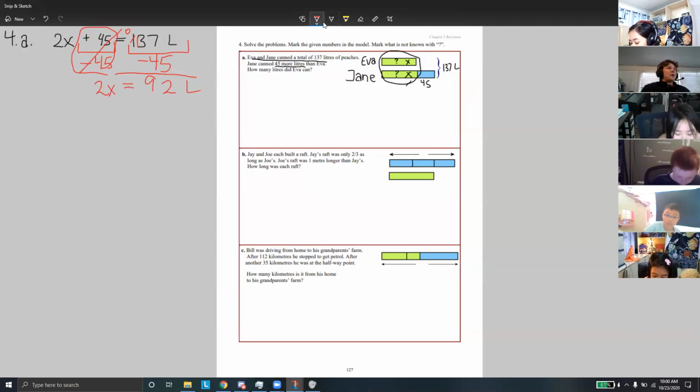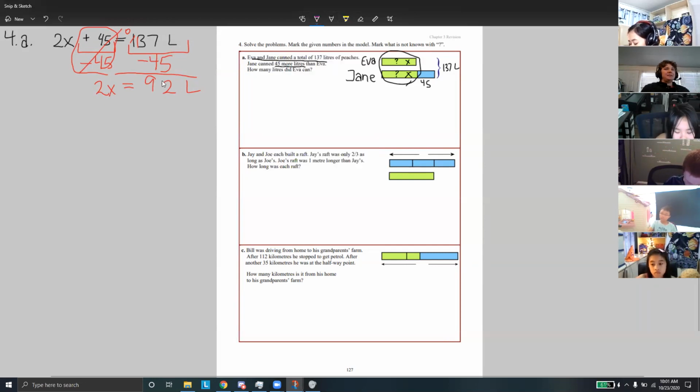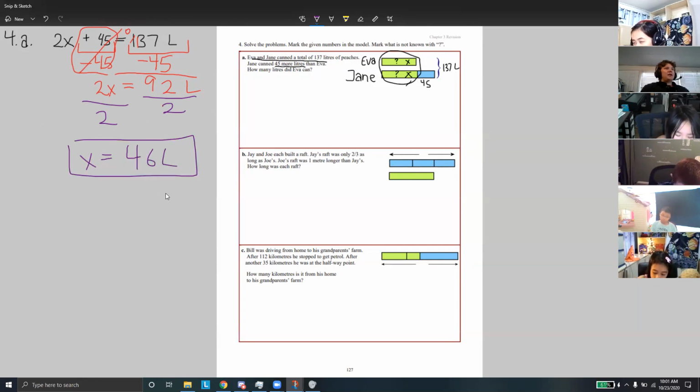Good, good. Okay. And then we don't want to know what 2 times x is. We want to know what just 1 x is. So to get rid of the times 2, we'll do the opposite of times 2, which is divided by 2. Good. And then x equals, and anyone know this one in their head? 46. We did this exact problem. Yep, 46. And make sure you have your unit of measurement.